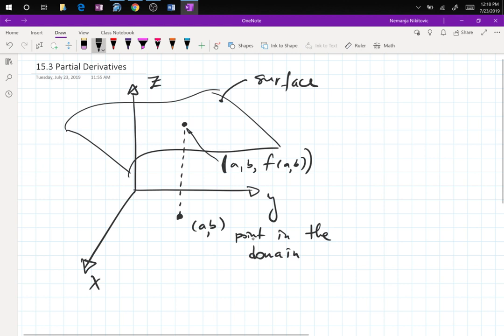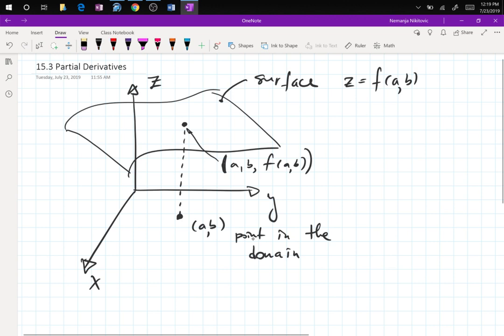So this surface is z equals f of (x, y), our function from last class. And you have some kind of point in the domain, (a, b), and that one is going to create a z at some elevation, and that's (a, b, f of (a, b)), which gives us the top.